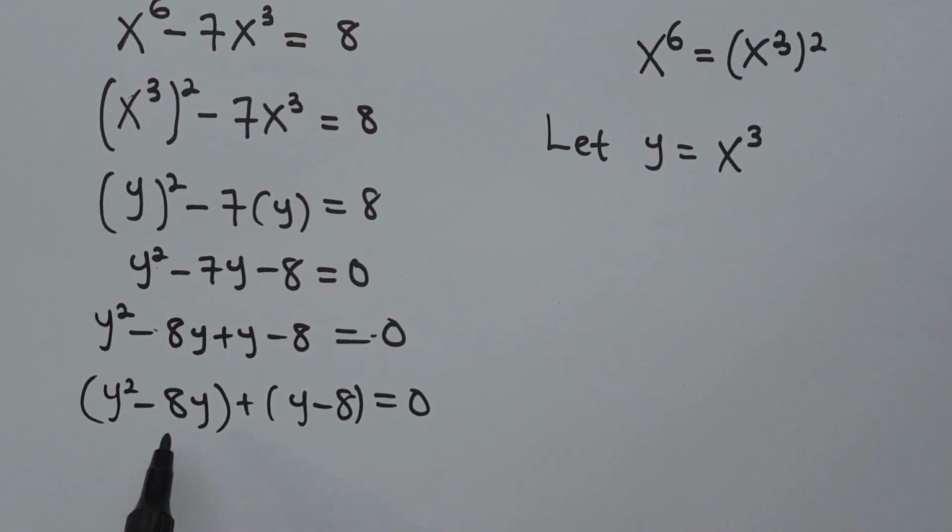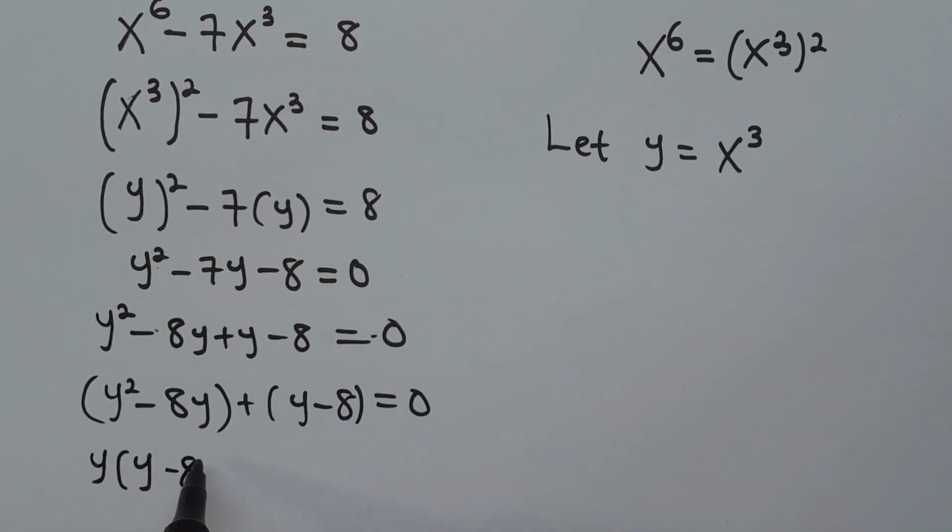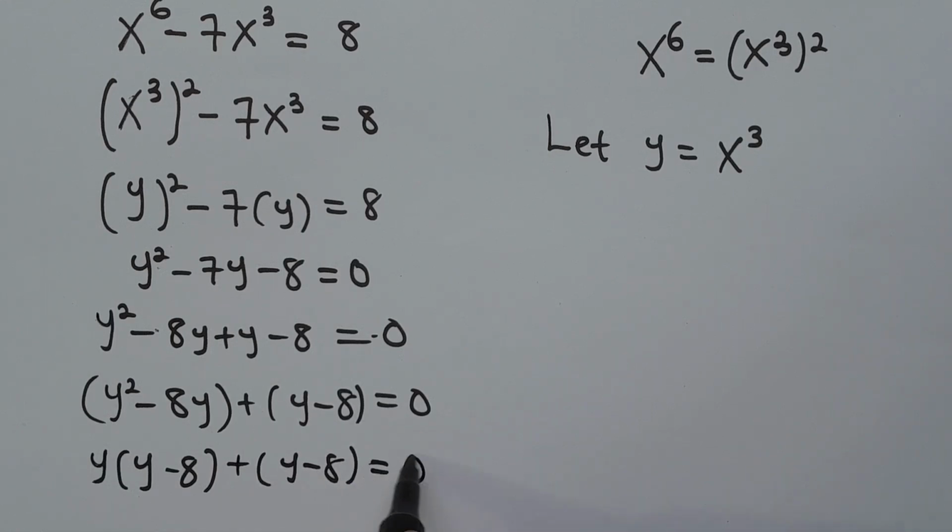So now from y squared minus 8y, y is common. Let's factorize it out. We have y into bracket of y minus 8 plus y minus 8. When you open the bracket back, we have y multiplied by y to be y squared, y multiplied by minus 8 will be minus 8y, then we have minus 8 equals 0.